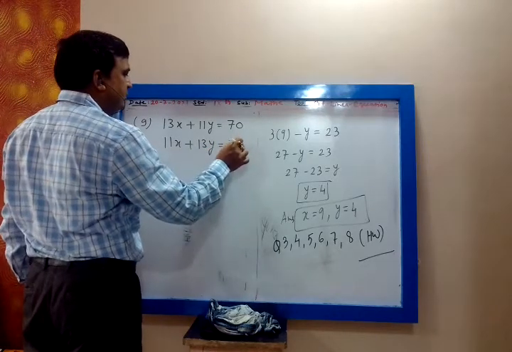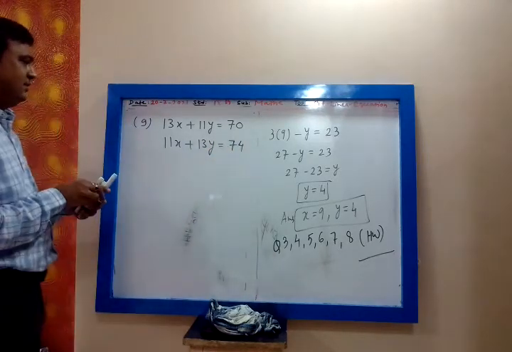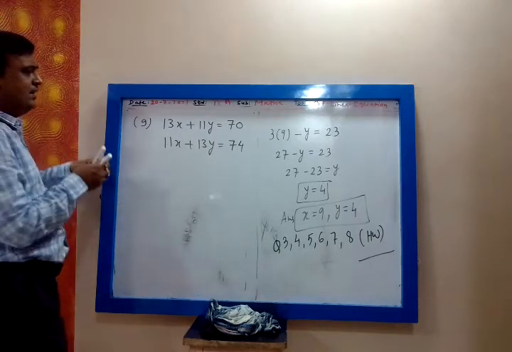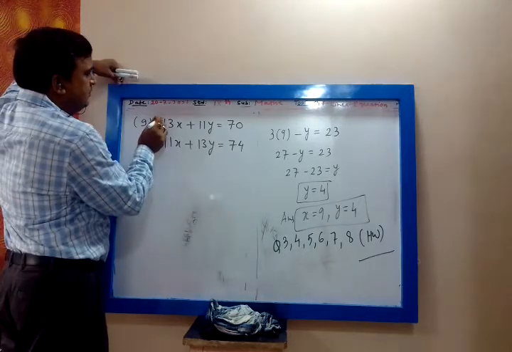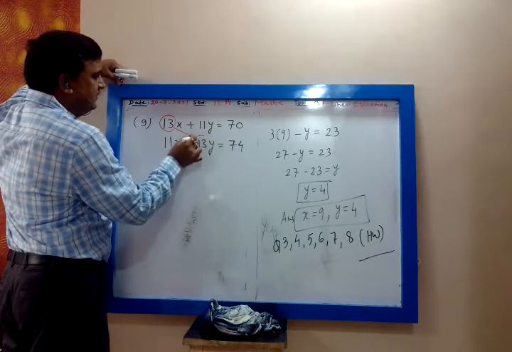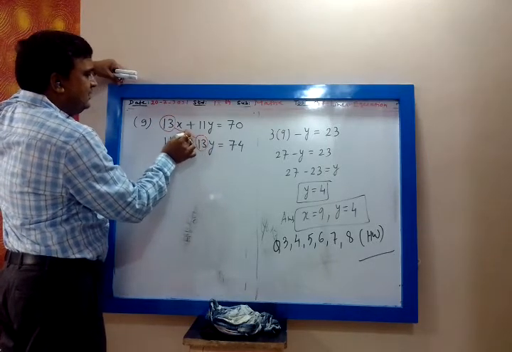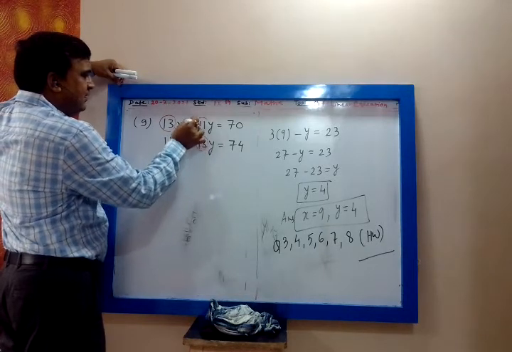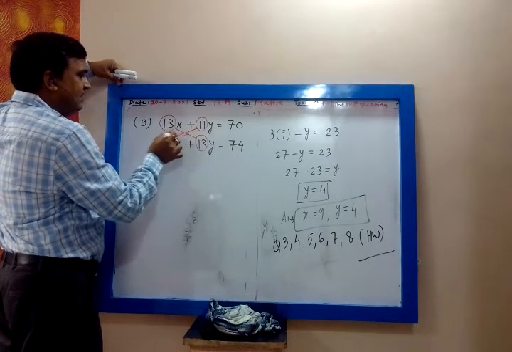Okay. So now if you see the diagonal, the diagonal coefficients are same. This 13 is same as this 13, and this 11 is same as this 11.